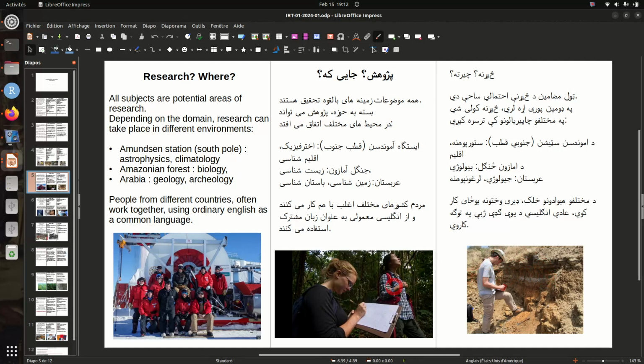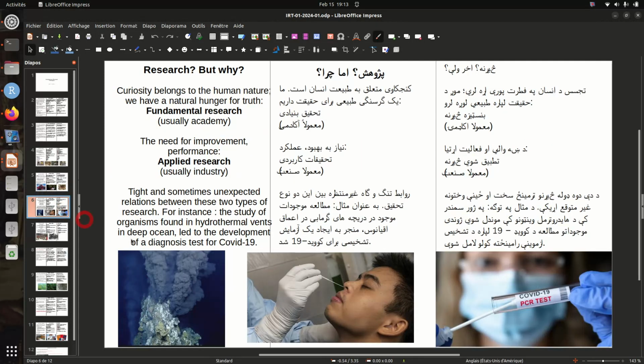And another important point is that it's highly likely that these different persons you see come from all different countries. You can have someone from Iran working with someone from the USA, working with someone from Germany, working with someone from China, and so on and so forth, ordinarily using English as a common language.